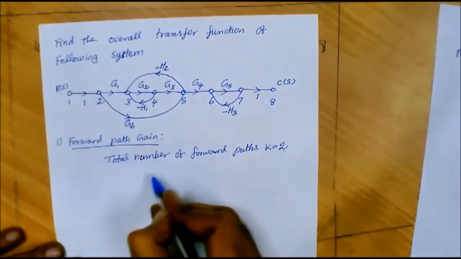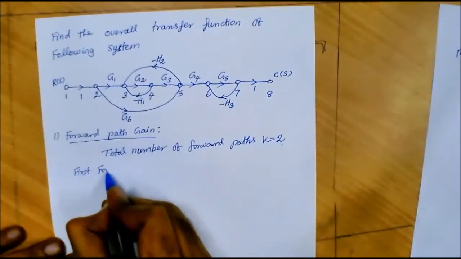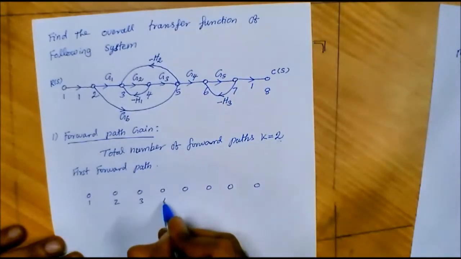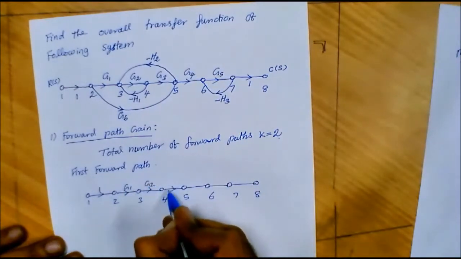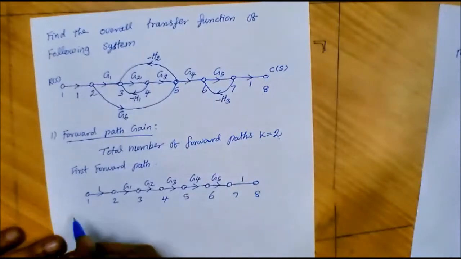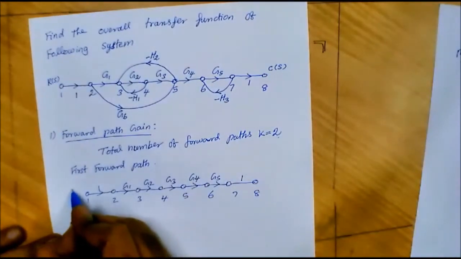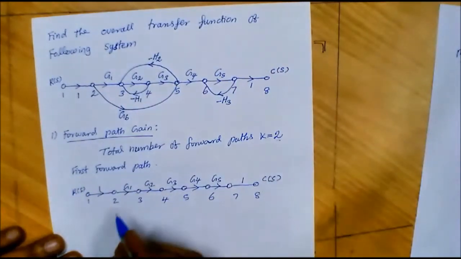Now let us draw the two forward paths. This is the first forward path, which starts from the input node R(s) and ends at C(s). If we find the forward path gain of this forward path, we can represent it as P1.